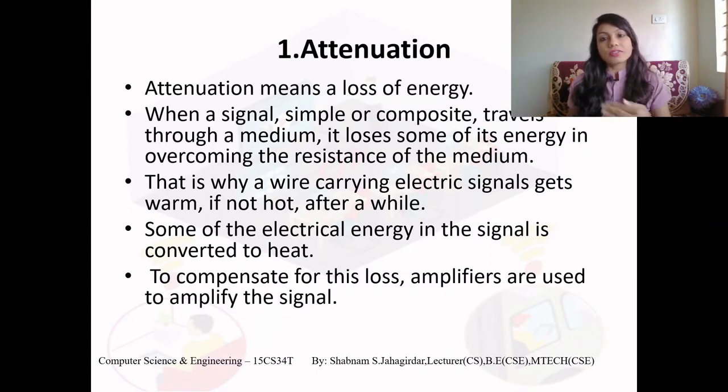If a signal travels alone, after some time it will lose its strength because electrical energy is converted into heat energy. So to compensate for this loss, we use something called an amplifier, which amplifies the signal, as in the case of the paper. When I wrap it with something, it amplifies the paper, and the paper will travel through the air over a larger distance.